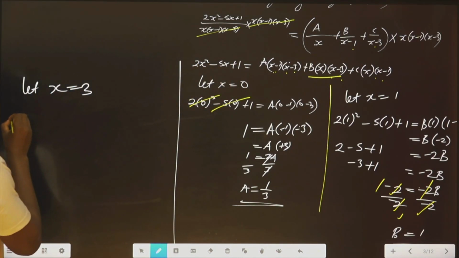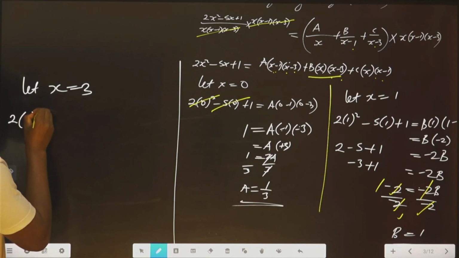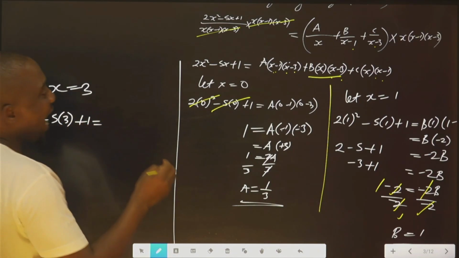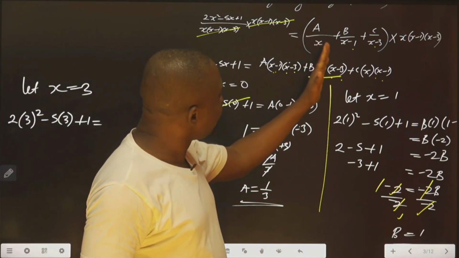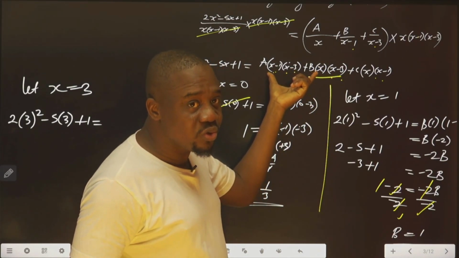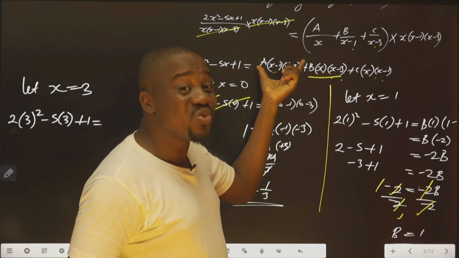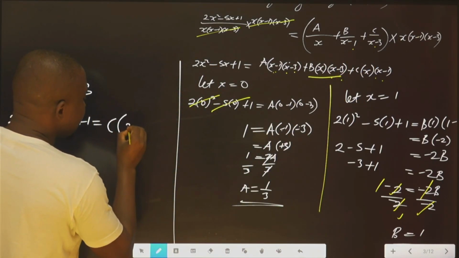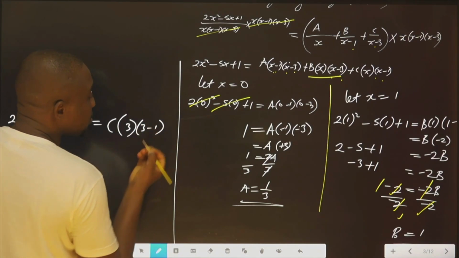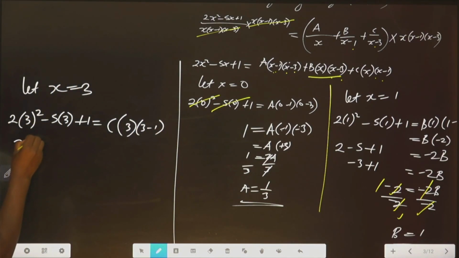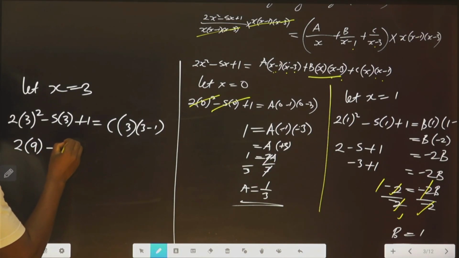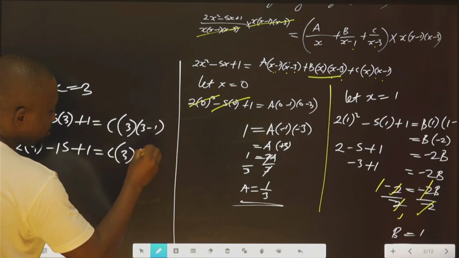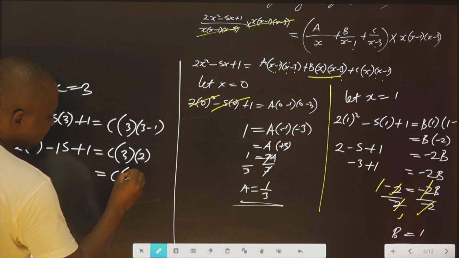So if I put 3 here, I have 3 raised to power 2 times 2, minus 5 times 3, plus 1 equals to... I will not waste my time with a and b because they are already going to produce 0. So therefore, I concentrate here: c times (3 minus 1). Okay? So this will produce 2 times 9, minus 15, plus 1 equals c times 2.